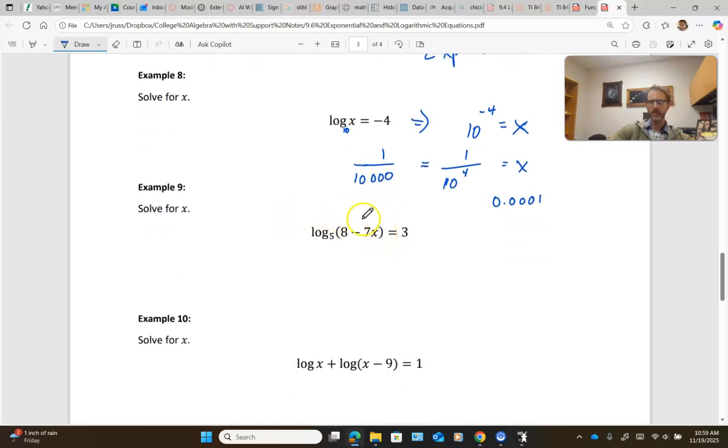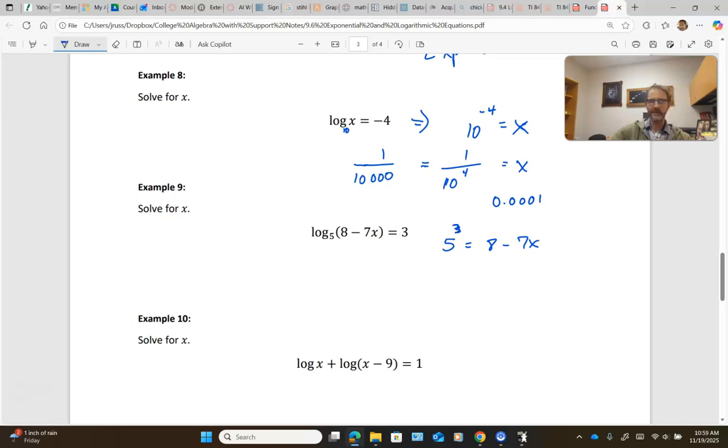Example 9 is similar. We just have one logarithm. Okay. Now the base is 5 and the argument is this 8 minus 7x. So when we go to exponentiate it, it will become 5 to the third power is equal to 8 minus 7x.